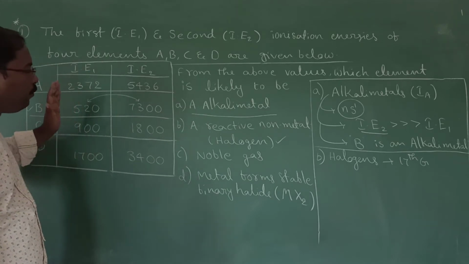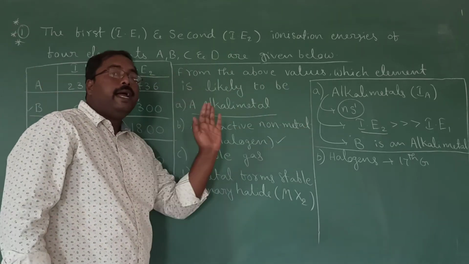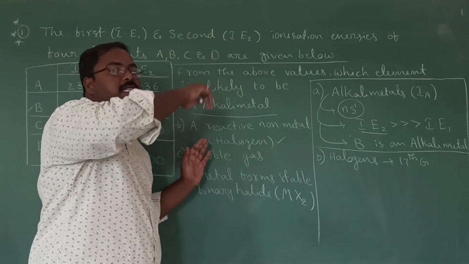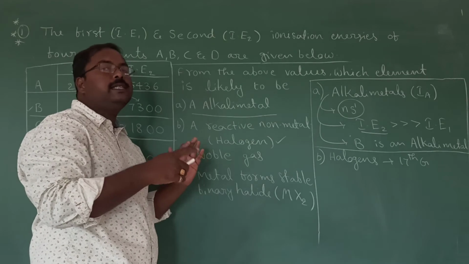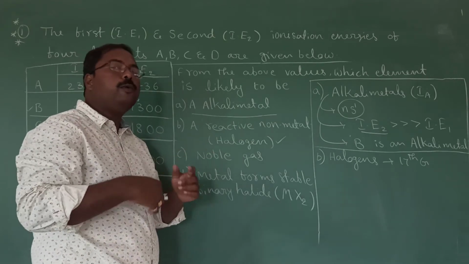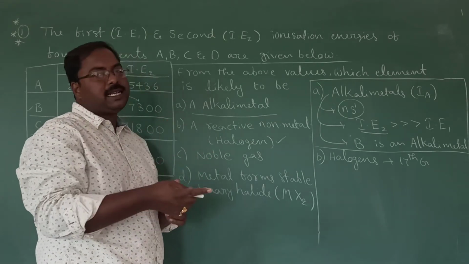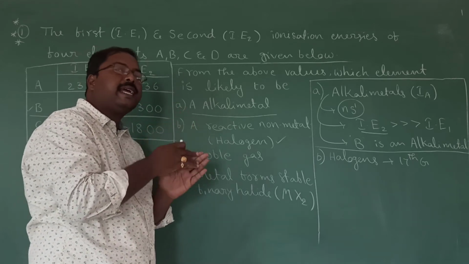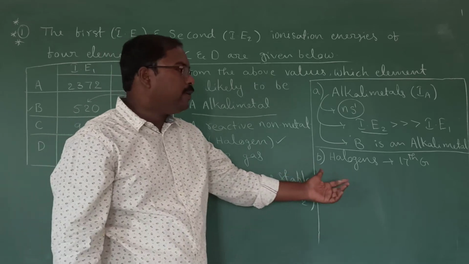So when we are moving from left to right, ionization energy values increase. Highest values will be for noble gases, the 18th group elements. So after noble gases, the second highest will be for halogens only.